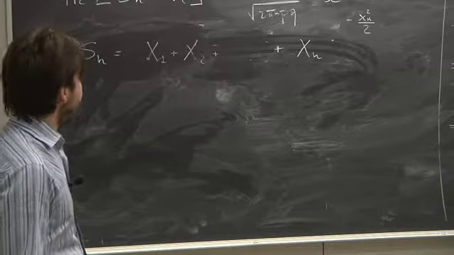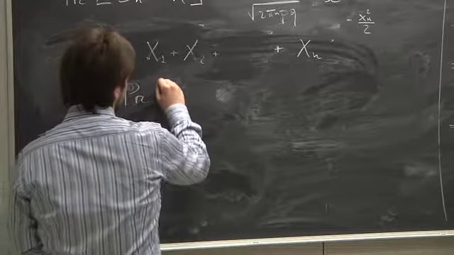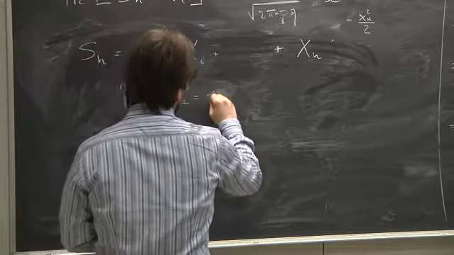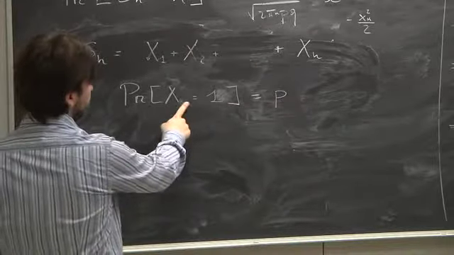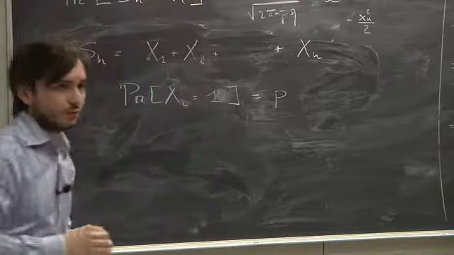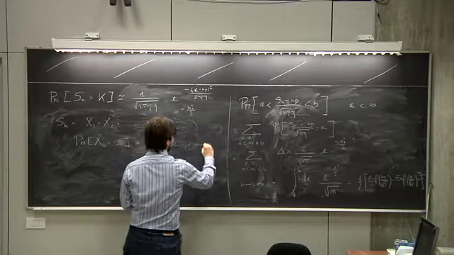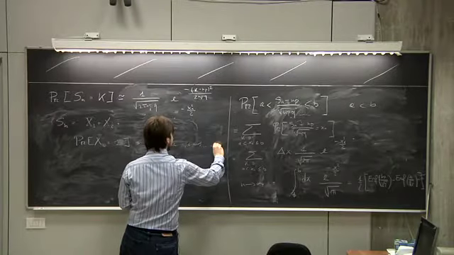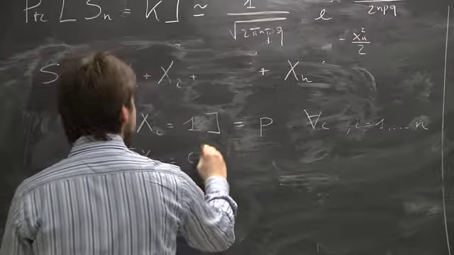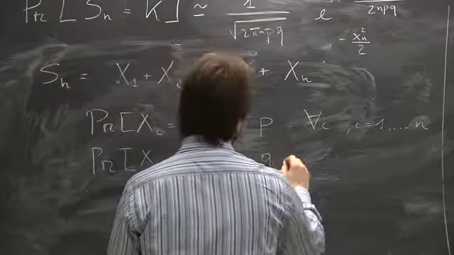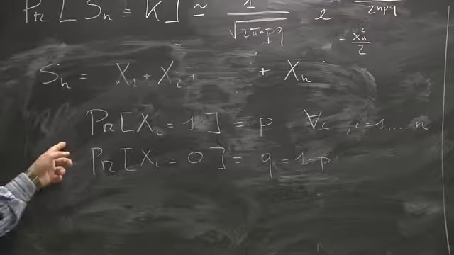And basically we had that x1 can be 0, can be 1, the probability that x1 is 1 is equal to p, and this is true for all i, where i goes from 1 to n. And then the probability that xi is equal to 0 is equal to q, which essentially is 1 minus p. Now you should be able to calculate the mean of these variables.